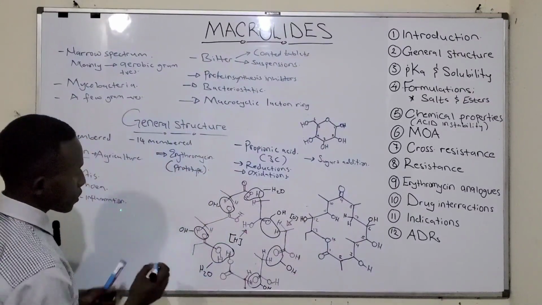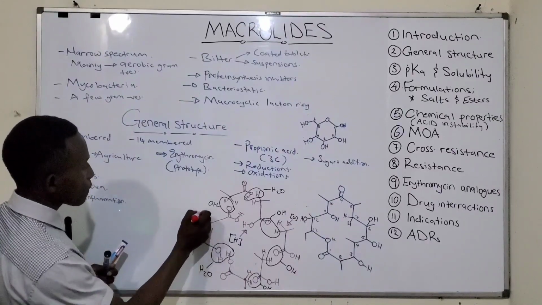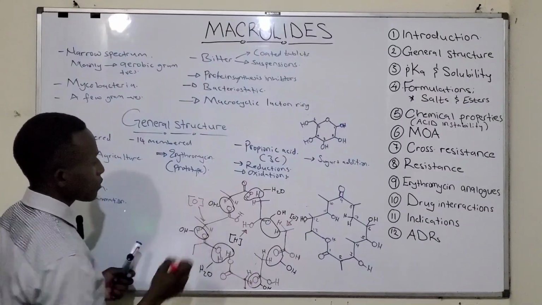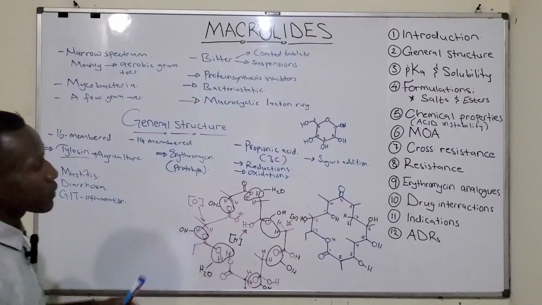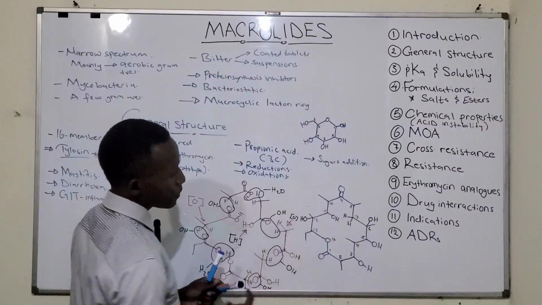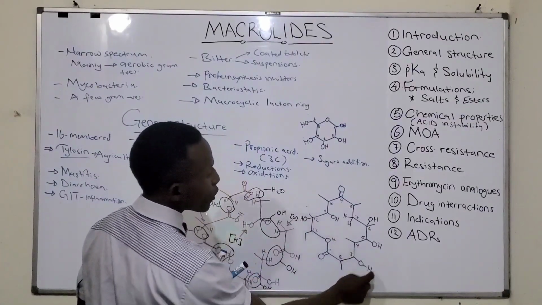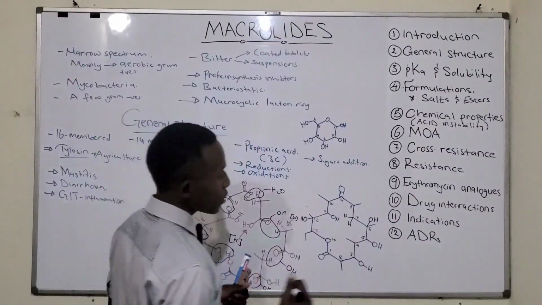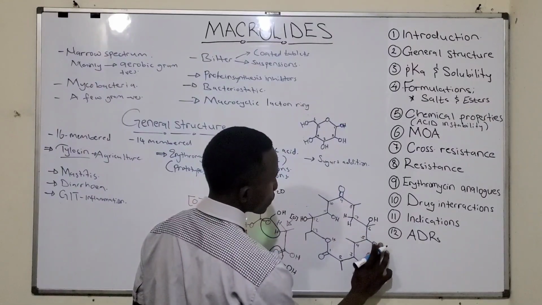We have that OH, meaning that at carbon 12, they made oxidation. There is an OH group. Also, these hydrogen atoms, these two, are substituted with sugars.